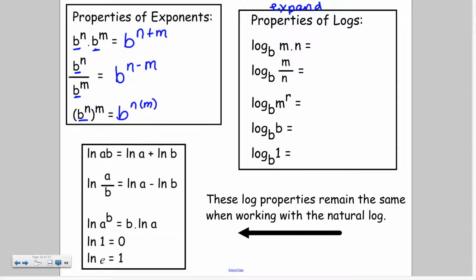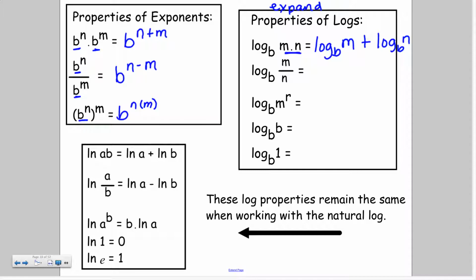All right, so when we expand, we're making it bigger. So the rules are to look at what's happening. And right here it's being multiplied, so we're going to add. So it's going to be log base b of m plus log base b again of n.